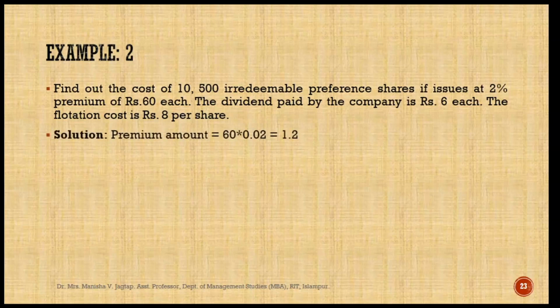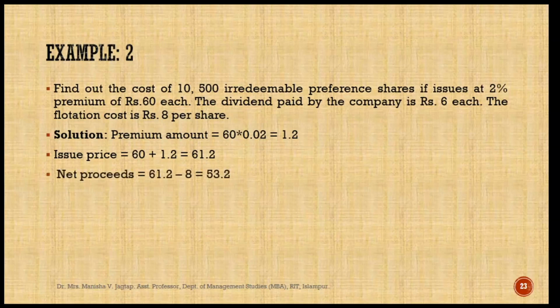First we will calculate the premium amount. 60 rupees is the face value, 2% is the premium. So the premium amount here is 1.2 rupees. Next is issue price, 60 plus 1.2. So now the total issue price here is 61.2. The premium means additional, we are charging more than the face value.